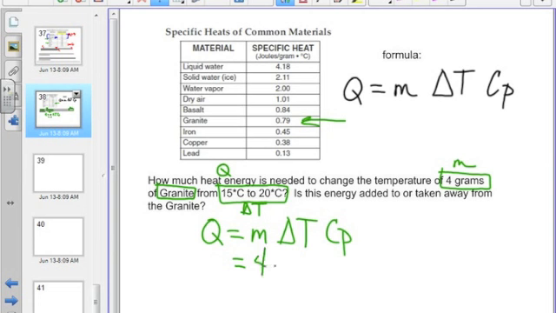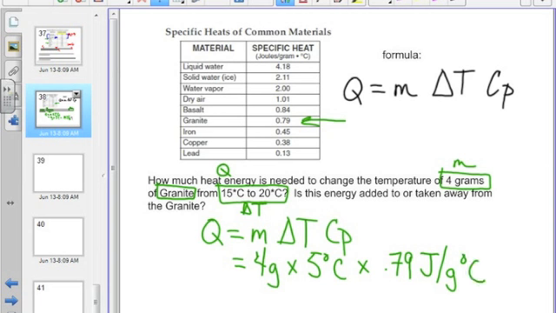It is 4 grams. We're going to multiply that by our change in temperature, which is going to be 5 degrees Celsius. We multiply that by our measure of specific heat for granite, which is 0.79 joules per gram degree Celsius.